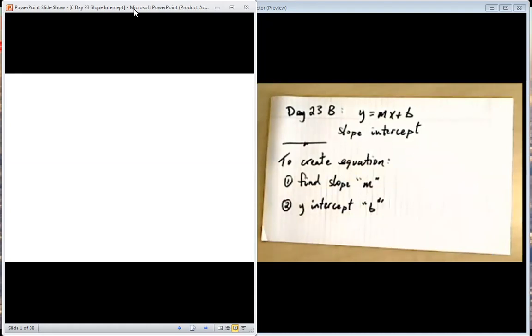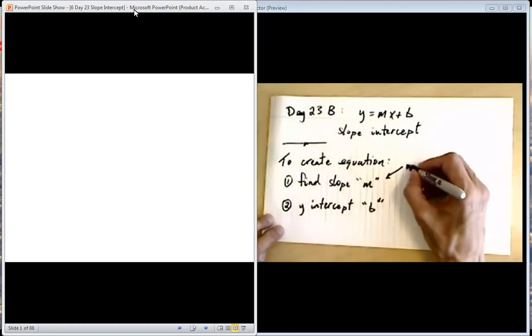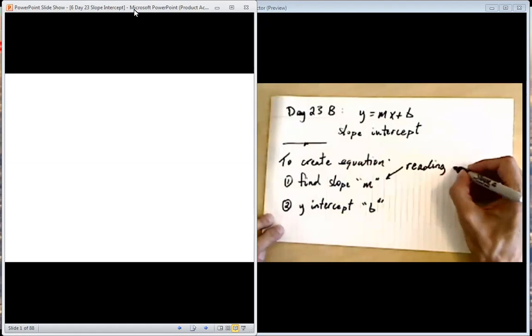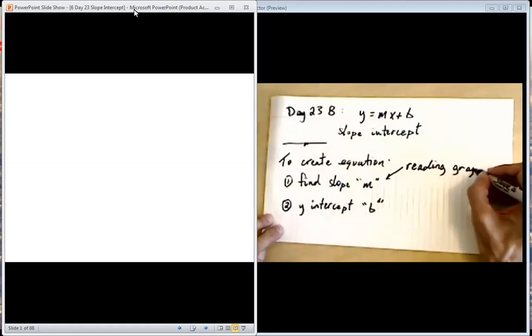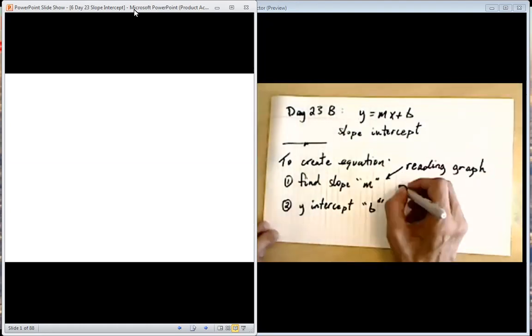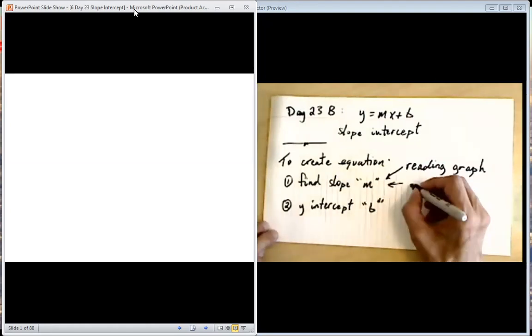All right, so what's going to happen is we can find the slope in a few different ways. The slope can come from reading off a graph, and I think you did that a couple days ago. Given the graph, find the slope. The other place we can get the slope is with the ordered pairs.